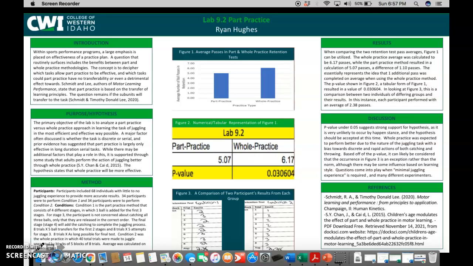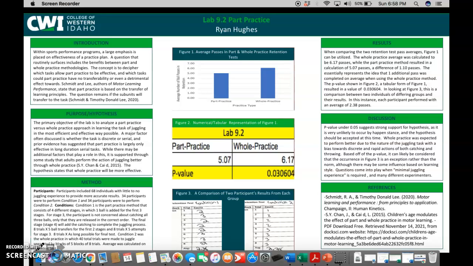Since we can't have a 1/10 of a pass, or a 100th of a pass, we're essentially going to count these as 6 passes for the whole and 5 passes for the part. We also notice that we have a p-value of 0.03, and that will be significant when I go to discuss the meaning of this data.